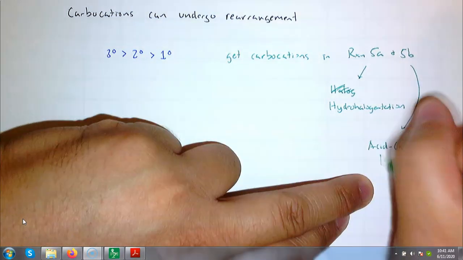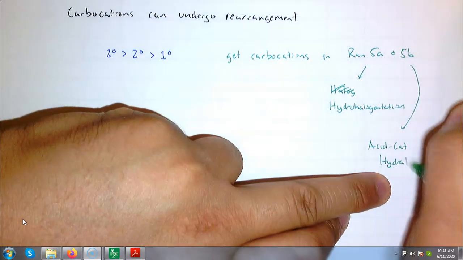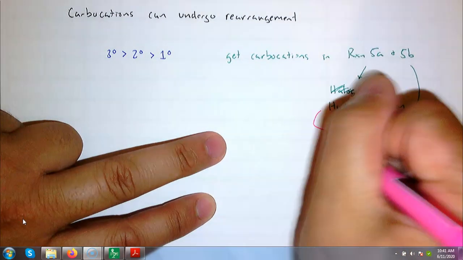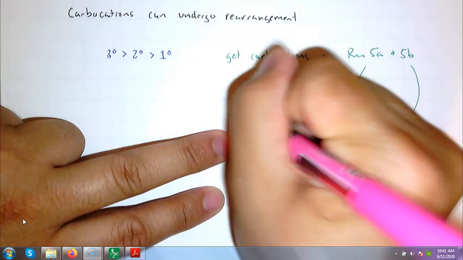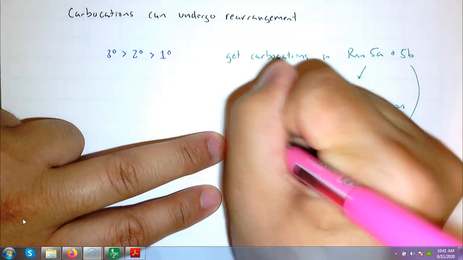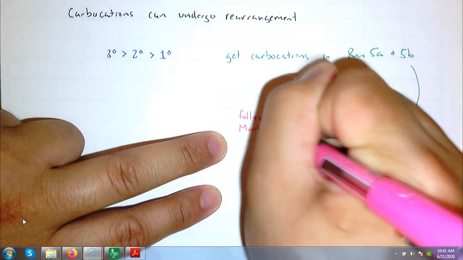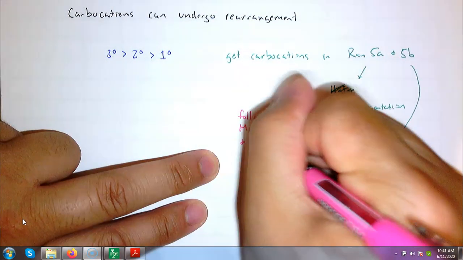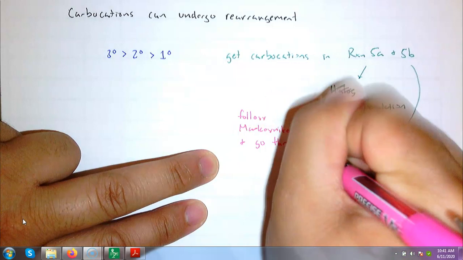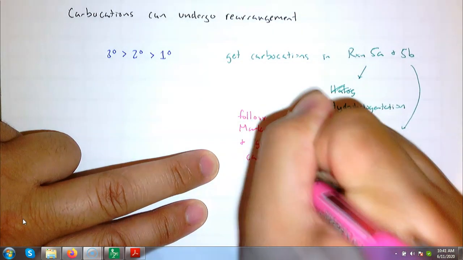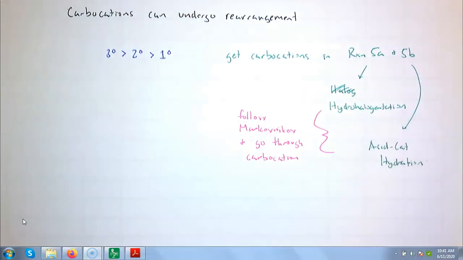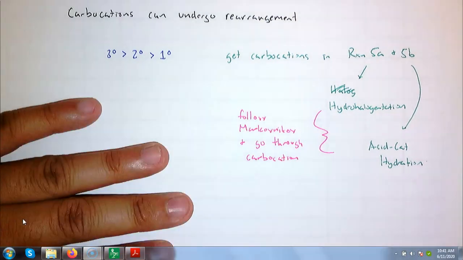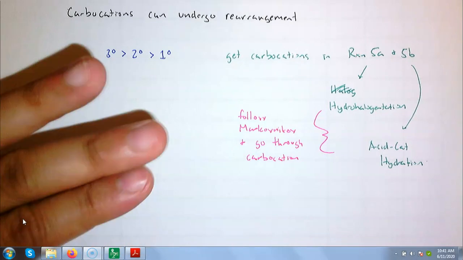We know that both follow Markovnikov and go through a carbocation. I'm trying to think if these are the only 2 that go through a carbocation in this unit. And I believe I can say that.